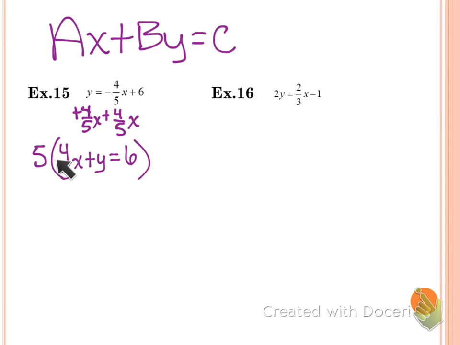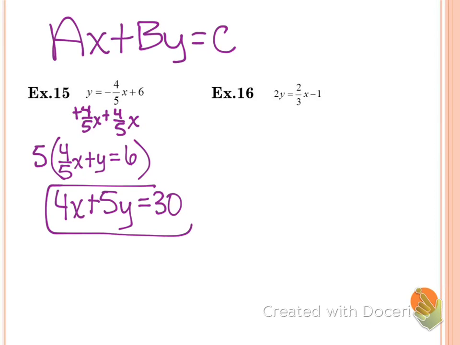If we multiply 4/5 by 5, the 5's reduce and we're left with what? A 4. So this becomes 4x plus 5 times y is 5y equals 5 times 6. All right, so then x and y are on the same side. There are no fractions. Is a positive? Yes, so we can be done there.